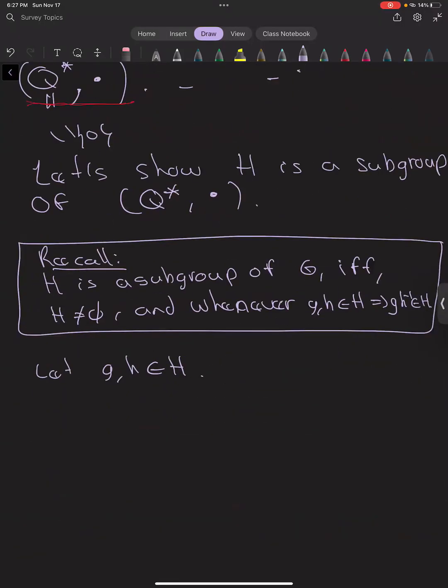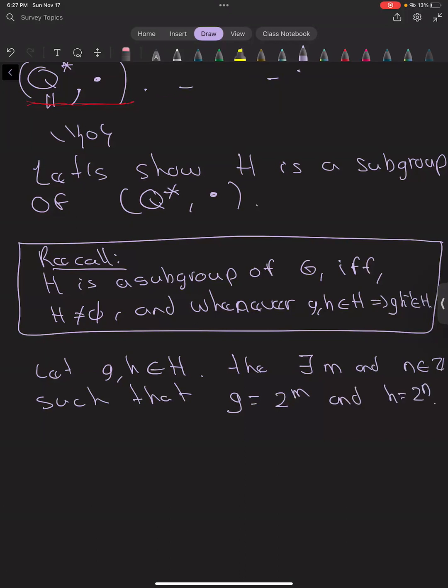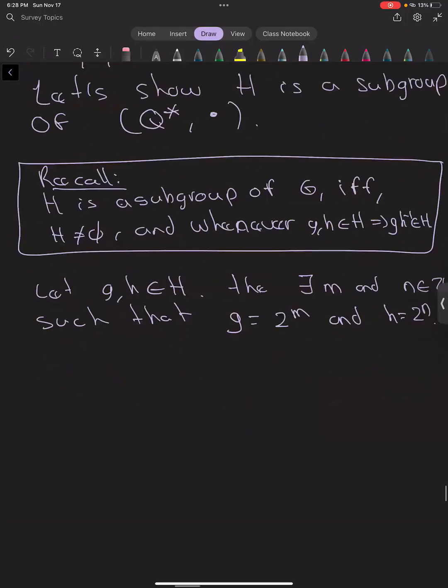So let g and h belong to H, then there exist integers m and n such that g equals 2 to the m and h equals 2 to the n.